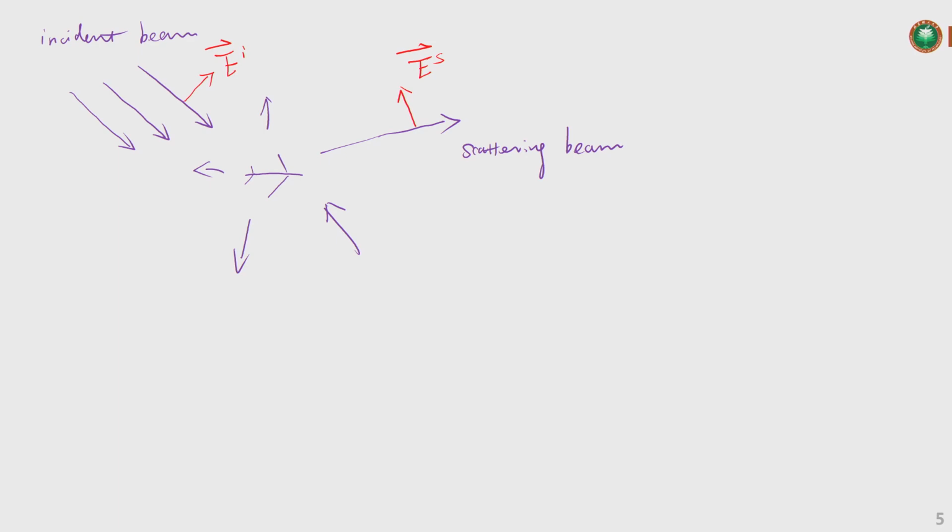So when we detect the scattering beam, it depends not only on the incident beam but also on the characteristics of the target, for example its dielectric constant and conductivity. Now, scattering occurs along many directions, the whole area around the target, and we should define two kinds of that.